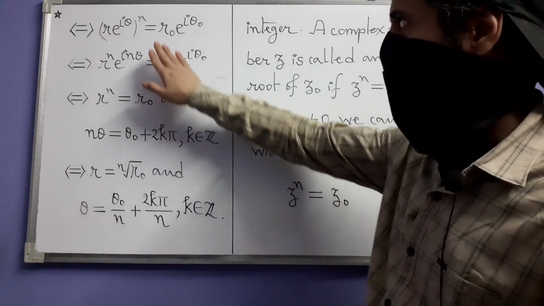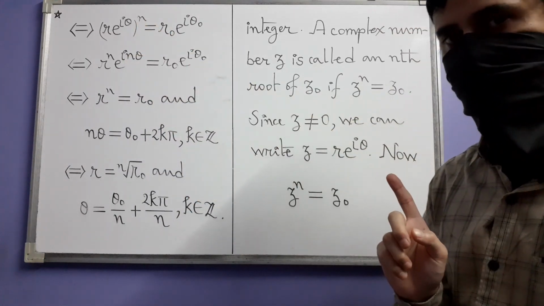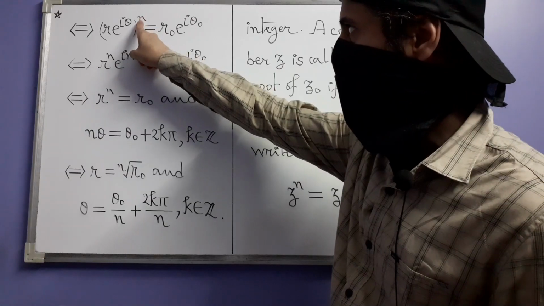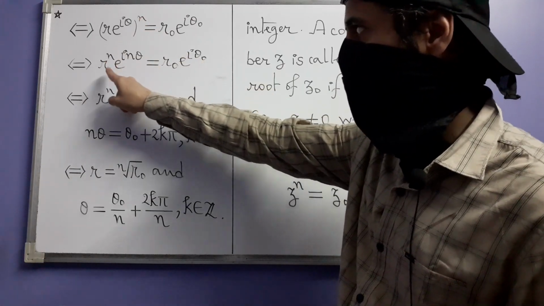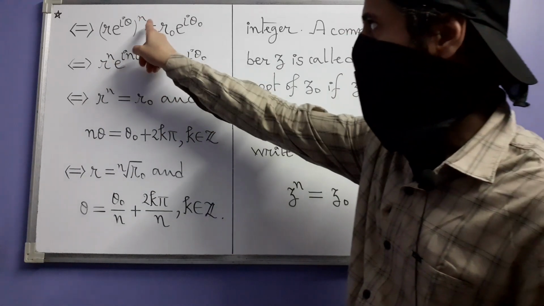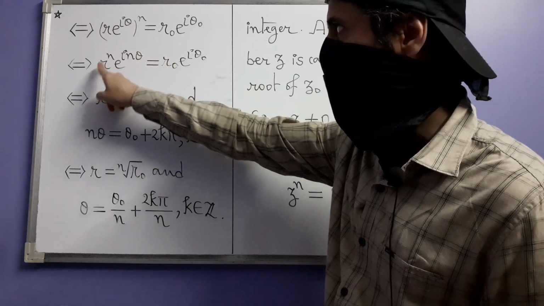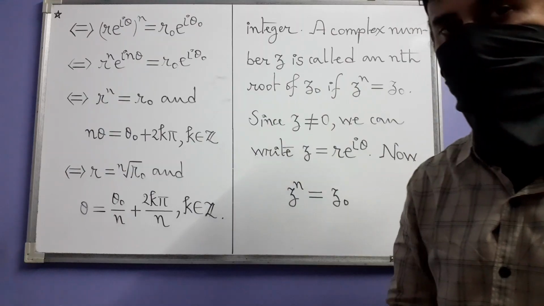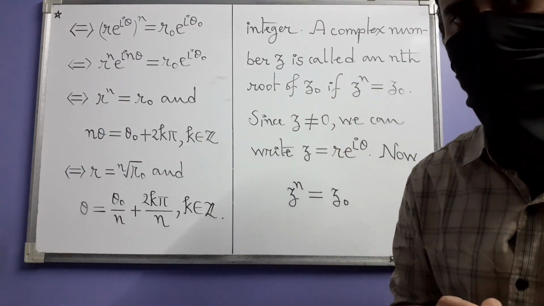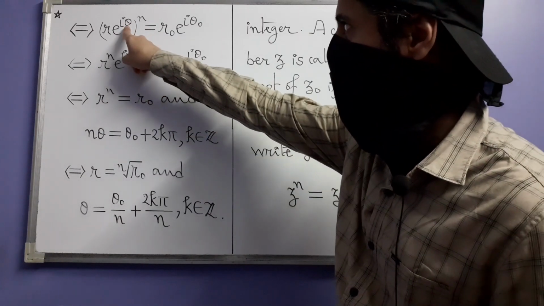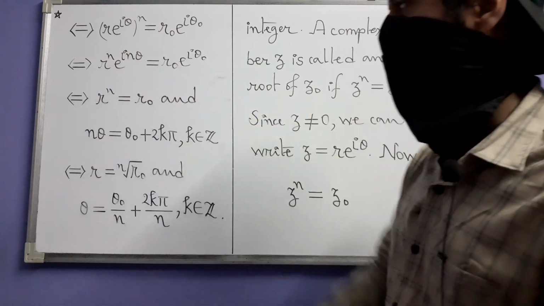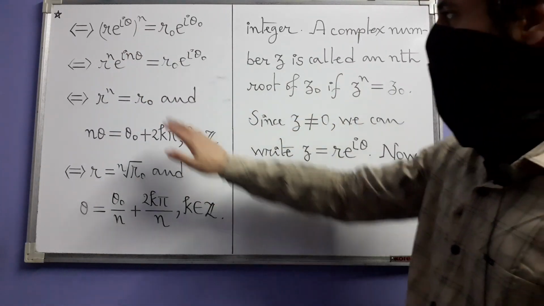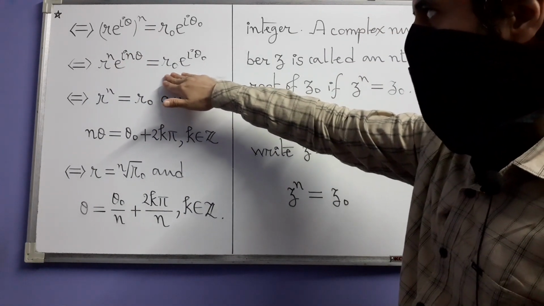Alright. Now from what we saw in the previous video, this n gets distributed over this product. It comes over this r, and also with this it gets multiplied. Multiplied means the argument gets multiplied. So here the argument is theta, it becomes n theta. Now you look at this equation.